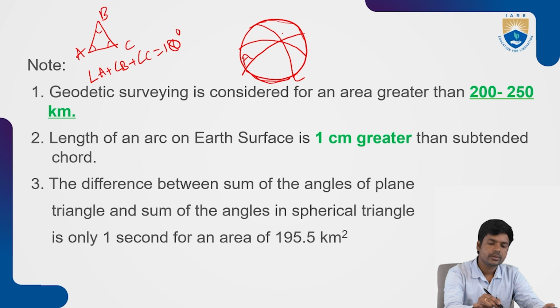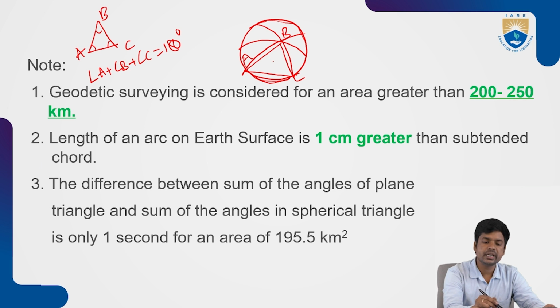Here we have triangle ABC, which is called a spherical triangle. Now I am drawing plane lines from point A to point B, from point B to point C, and from point A to point C. This is called a plane triangle.